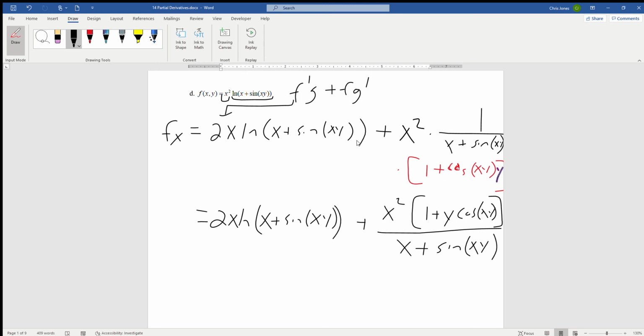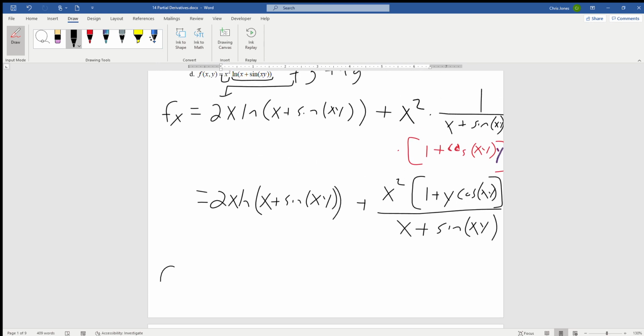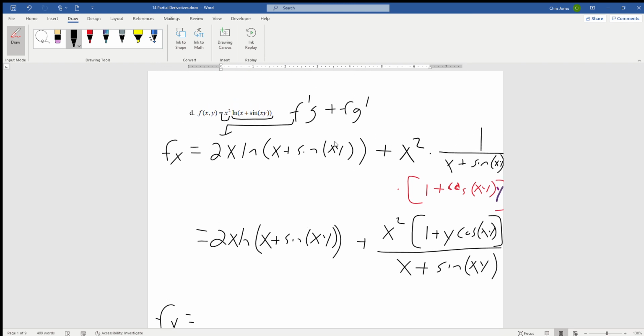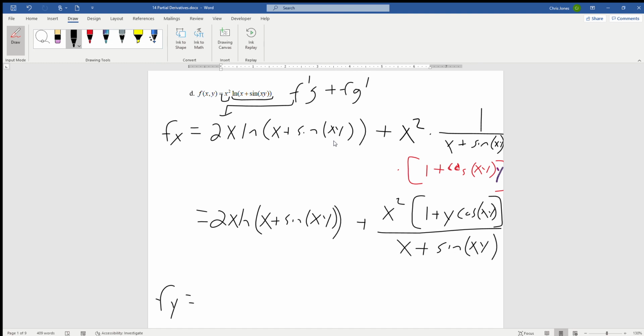F_y is much easier. Okay, so for f_y, the x squared is just basically going to be a constant, so that's just going to come down. The derivative of ln, now this is sneaky, but because there's a y inside of there, it really is a function of y. So x squared gets copied down. The derivative of ln is 1 over whatever's in the parentheses, so in this case x plus sine xy.